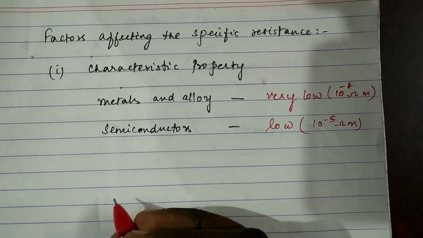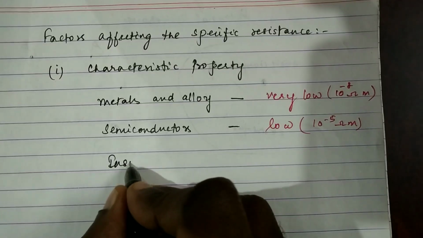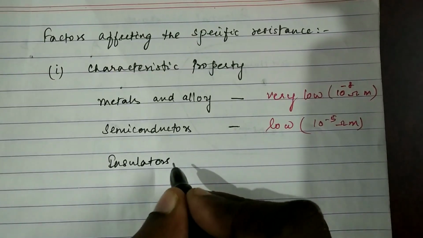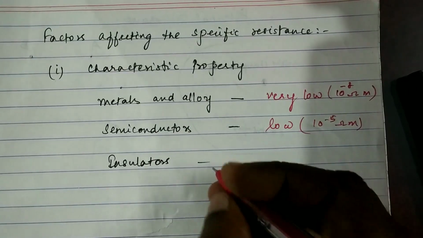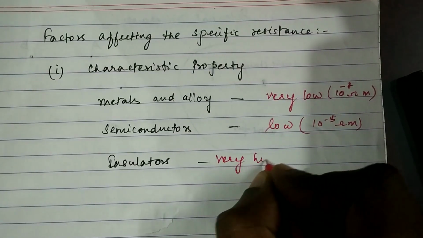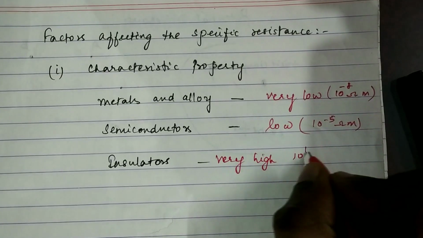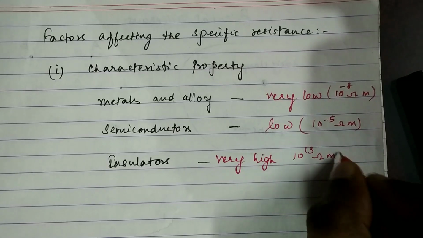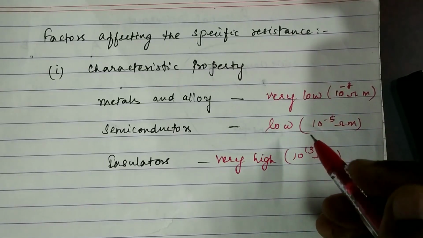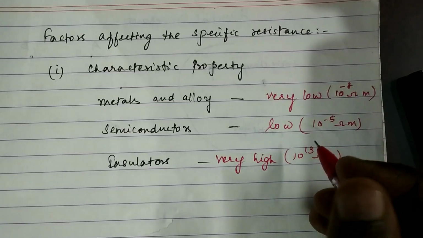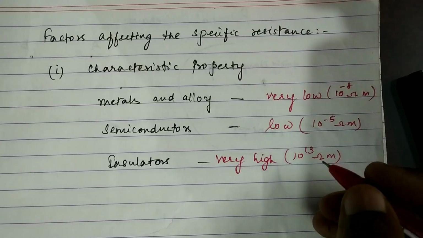For insulators, the specific resistance is very high. It is of the order of 10 raised to 13 ohm meter. So we should know the specific resistance because we have a lot of choice of material of a wire for application.